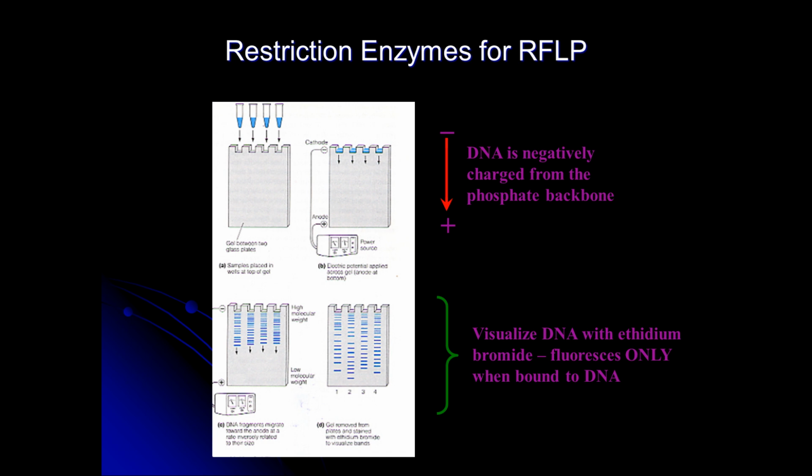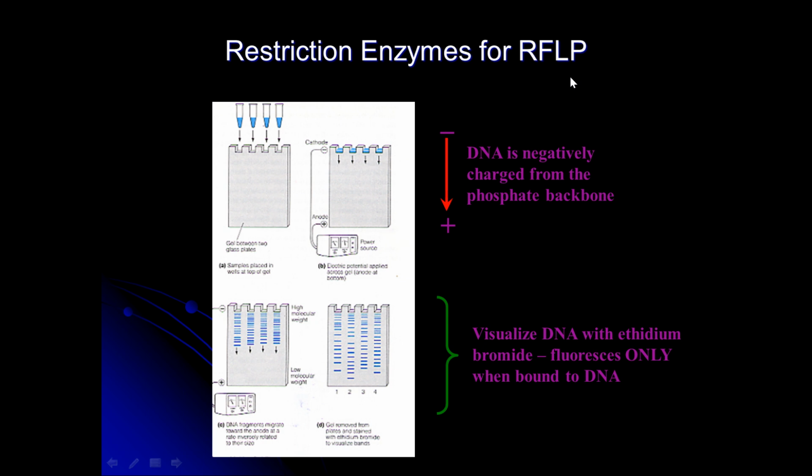Now, restriction enzyme for RFLP, that is restriction fragment length polymorphism. When we want to identify a specific sequence, or randomly changed sequences in humans, we use the restriction enzyme. We select the DNA, then the restriction enzyme cuts at a specific point, and then we run a gel.